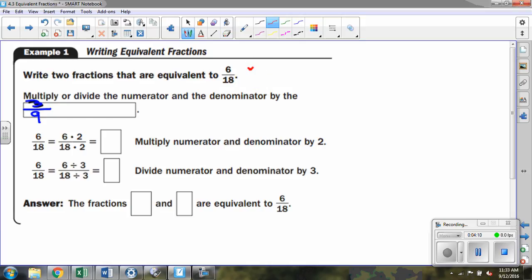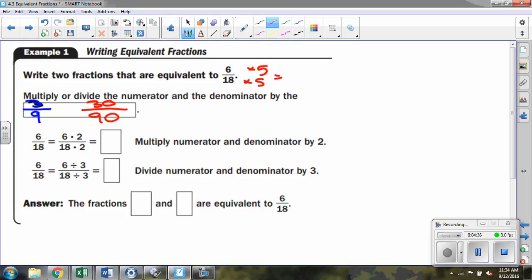But let's say just multiply by 5. And I'm picking 5 just because it's the number that popped into my head. 6 multiplied by 5 would give me 30. 18 multiplied by 5 equals 90. Here is another equivalent fraction.